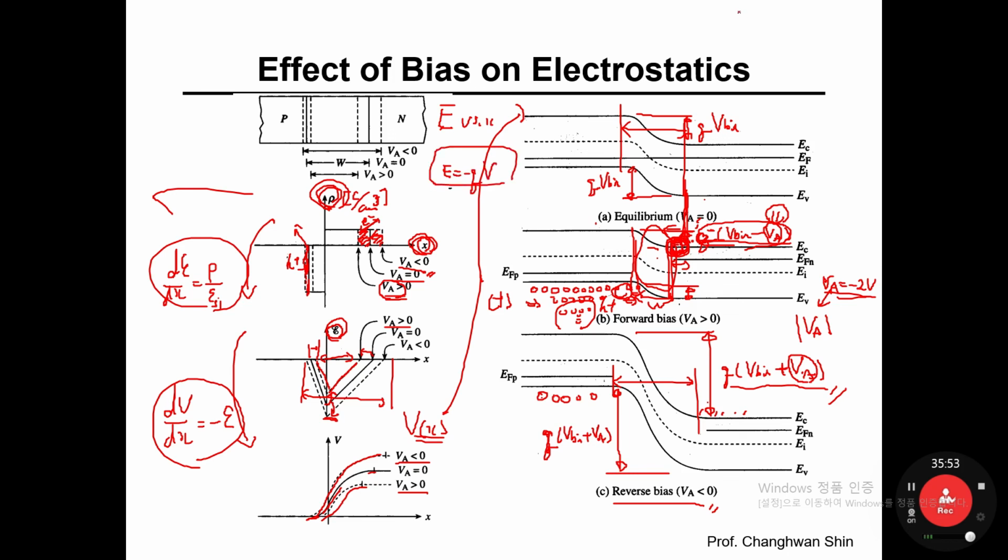Once you know how the potential plot looks, your energy band diagram would be this. So just flip it over with respect to the x-axis. Then you get this curve shape, which corresponds to this curve shape in the energy band diagram.